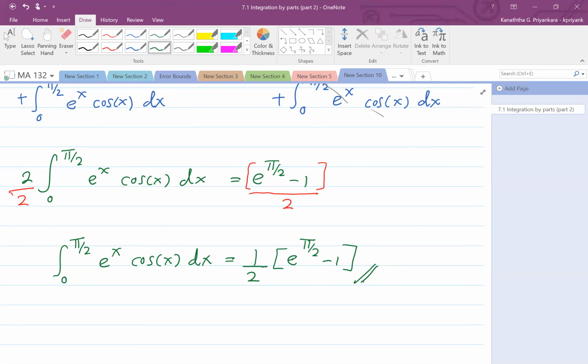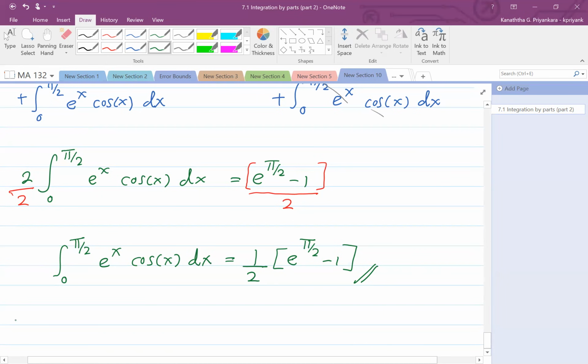Usually if we have e to the power something times cosine or e to the power something times sine, that would be the boomerang question, only a combination of these two. Next I will do one example, then that would be the end of this video.